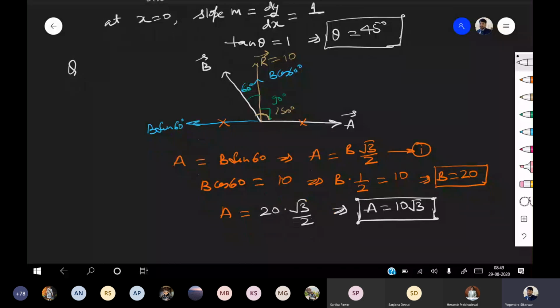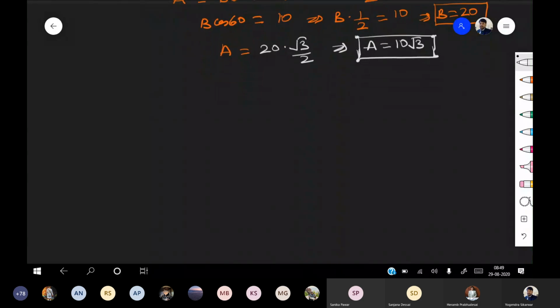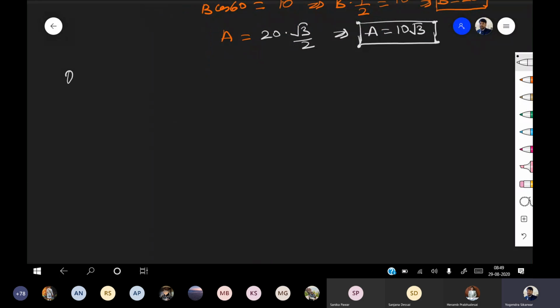Next question. So the next question says a vector perpendicular to a vector as well as b vector. So we need to find a vector which is perpendicular to a as well as b.